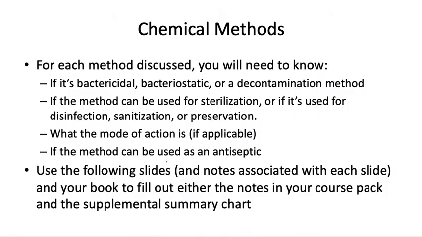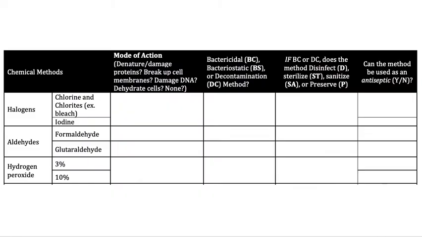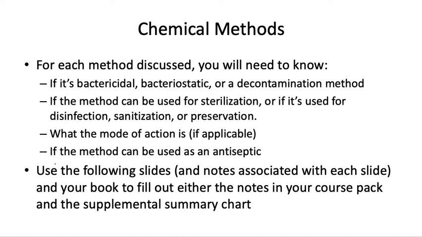All right, so now let's move on to our chemical methods. Just like with physical methods, I'll go slowly through the first example, show you how to take some notes in your chart, and then we'll just talk over the remainder of them. For the chemical methods, what you need to know is fairly similar. The one thing that's going to be different is, can it be used as an antiseptic?